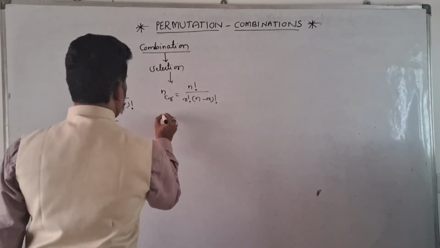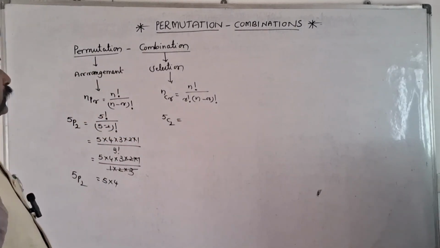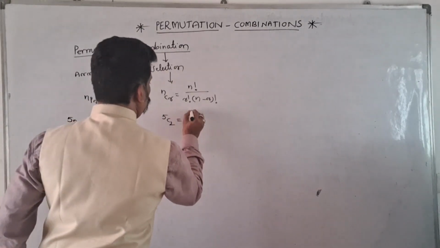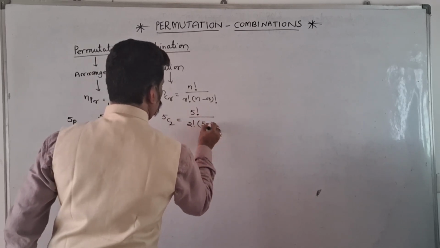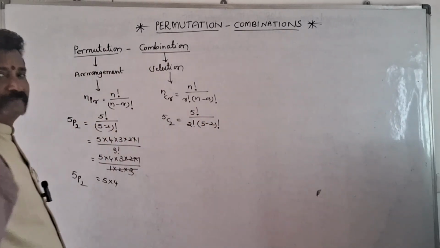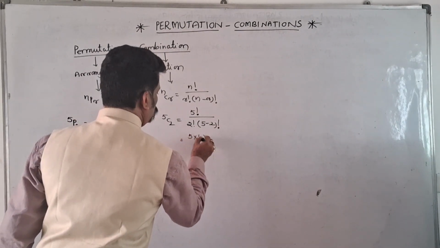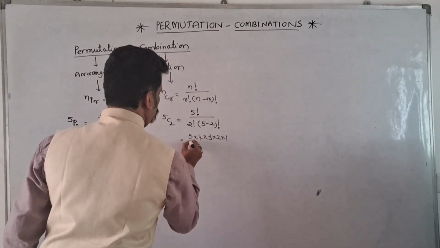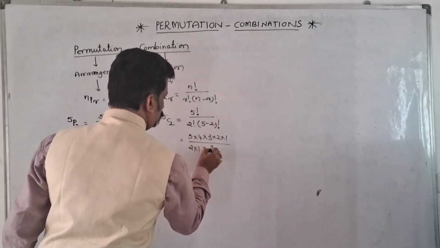Suppose I take one example, 5C2. 5C2 is equal to 5 factorial by 2 factorial into 5 minus 2 factorial.